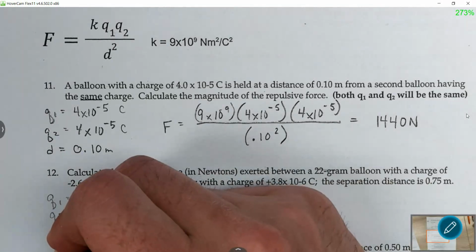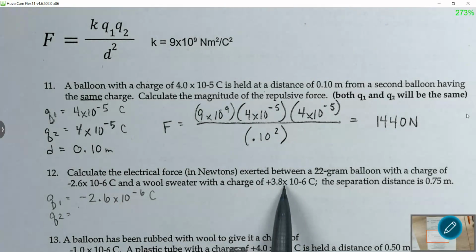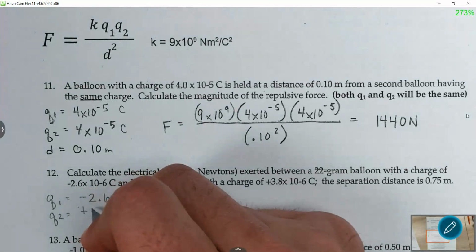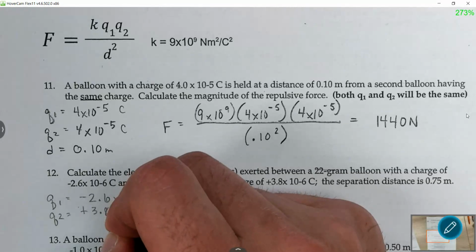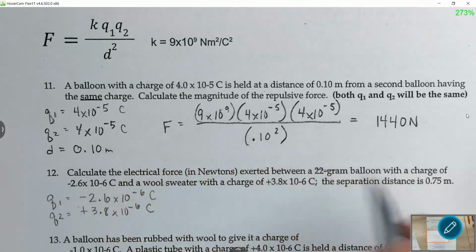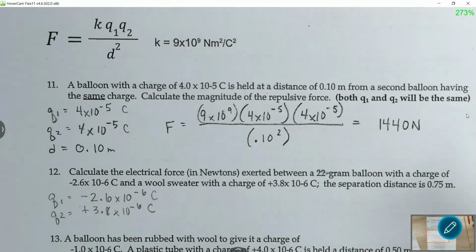Q2, the second charge, is the charge of the sweater, which is a positive 3.8 times 10 to the negative 6th coulombs. And they are separated by a distance of 0.75 meters.